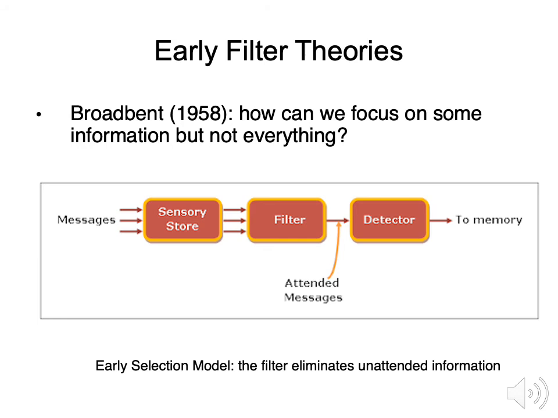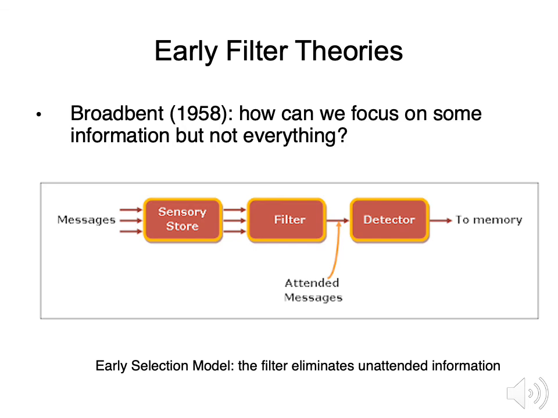After the information is received by the receptors, the information is sent to the selective filter. The filter takes information and identifies the physical properties such as pitch, loudness, color. The filter takes in all of the information, but only allows the attended information to be sent to the detector, which processes information from the attended message to determine higher level information, such as the overall meaning of that message.